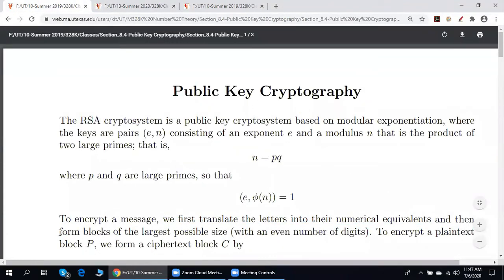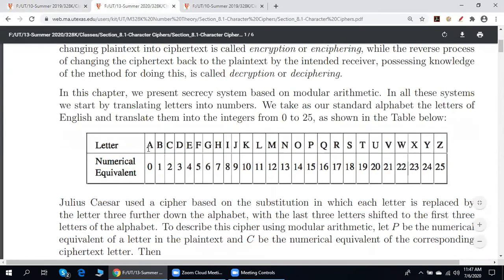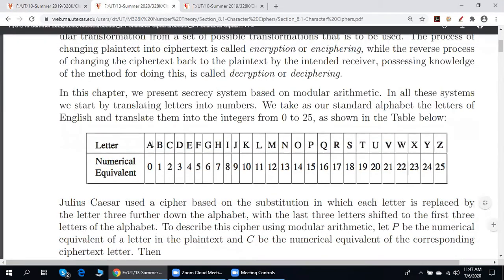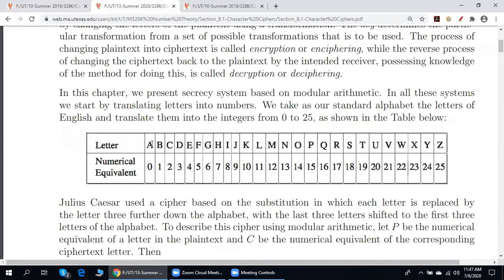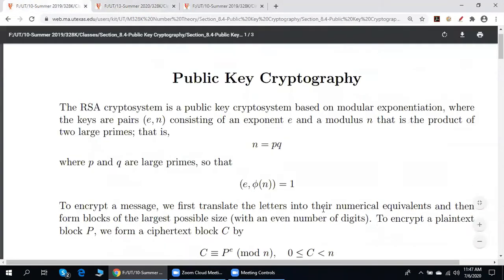Then form blocks of the largest possible size with an even number of digits, even because we replace each letter by the corresponding two-digit number. L is 11, K is 10, J will be 09, and so on.